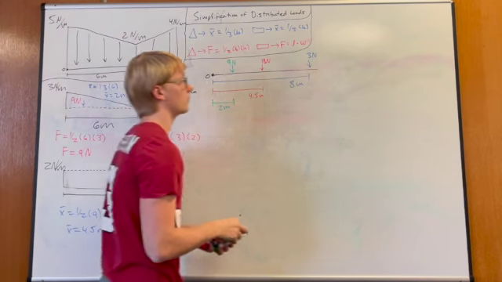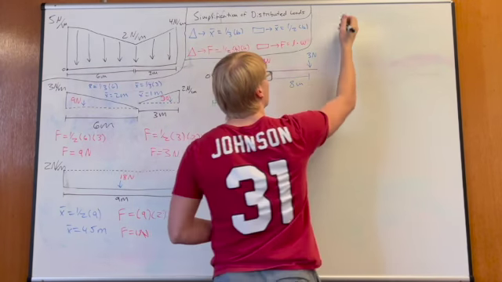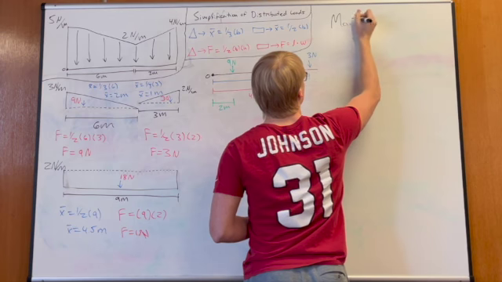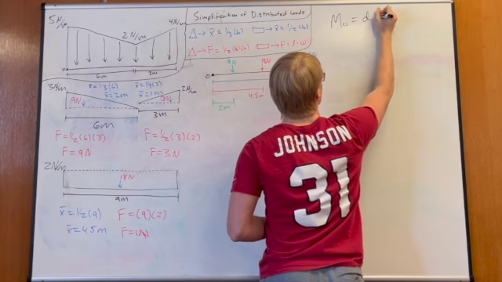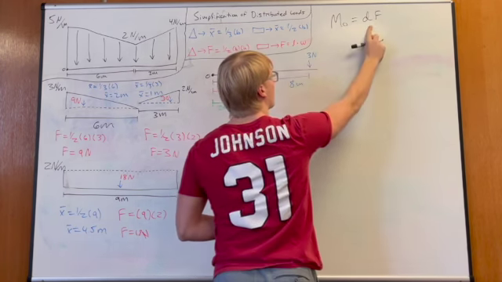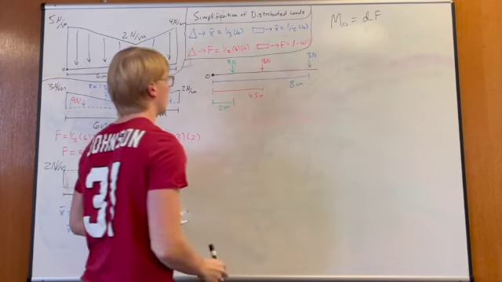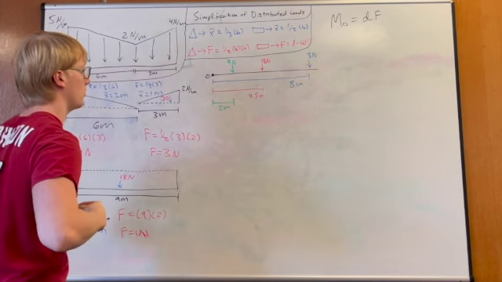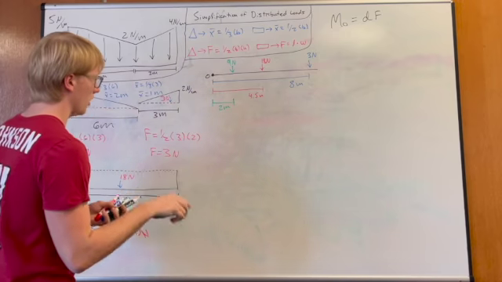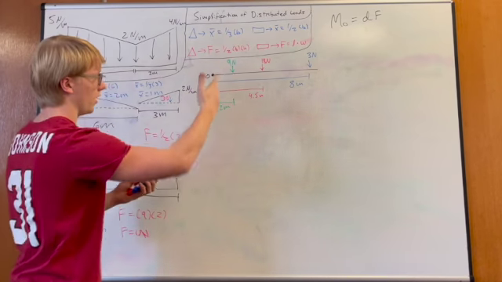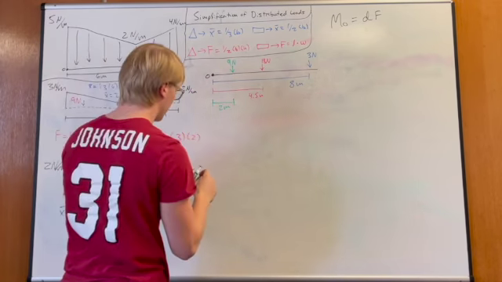Because remember, moment equals the distance times the force. We're going to find that, and then solve for D. And so the forces added up, the force over there is just going to be all these added up.